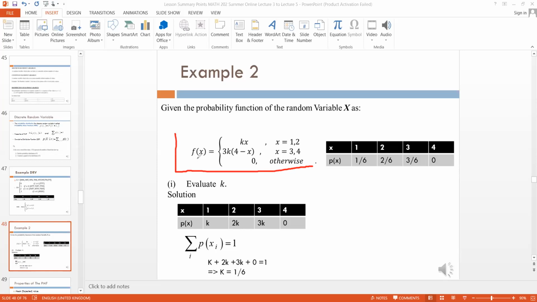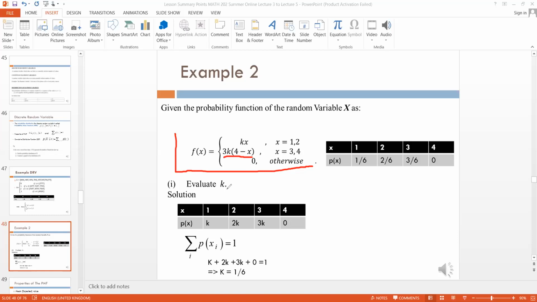F of x is equal to kx, where x is 1 and 2, and then is equal to 3k times 4 minus x, where x is 3 and 4, and then 0 otherwise. 0 otherwise means on every other value of x, the probability is 0.